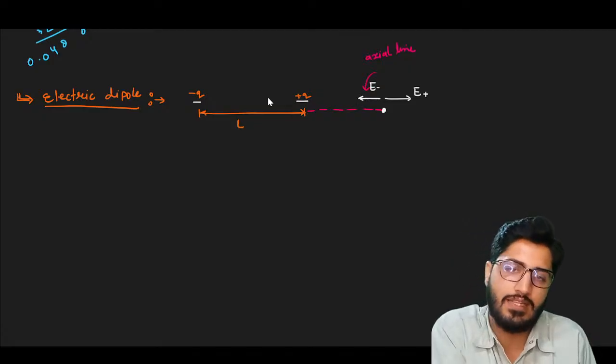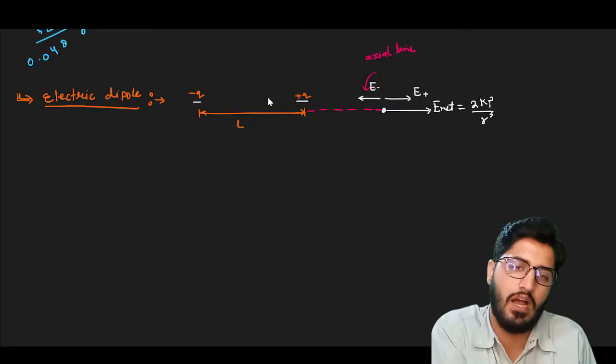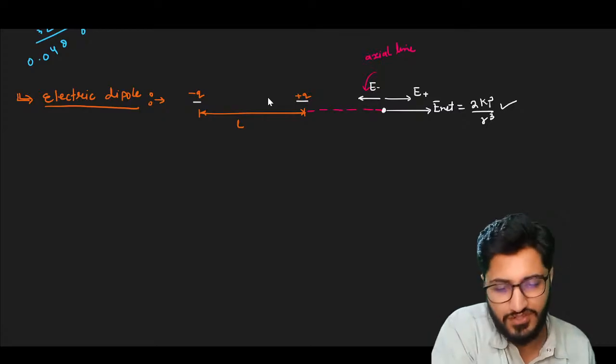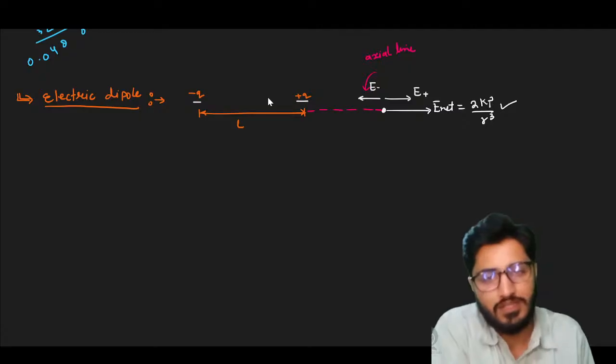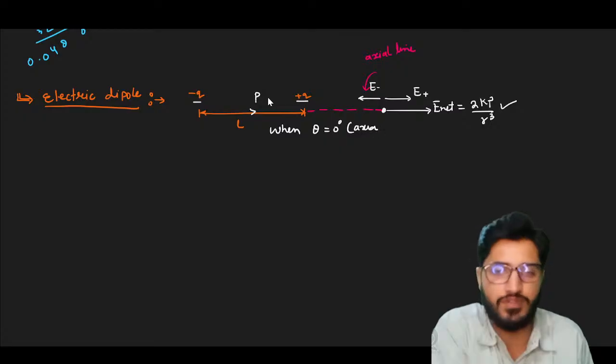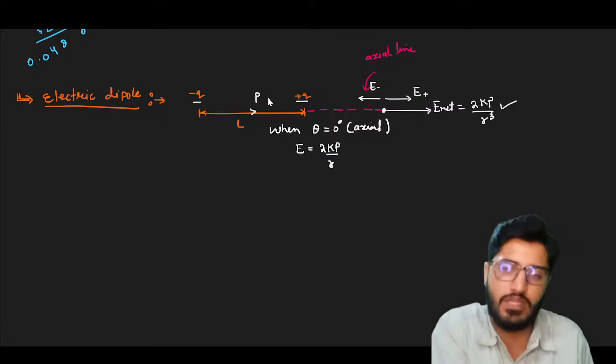At the end, we get E net, which after deriving came out to be 2kp by r cube. I guess you know this relation from the electric dipole. When theta is 0 degree, it is the axial position. For the axial position, electric field intensity is 2kp by r cube.